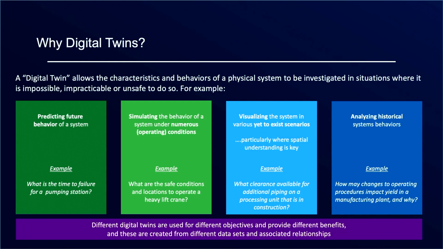So when we look at why we are using digital twins, it's because it allows us to look at the characteristics and behaviors of a physical system, and then look at the situation and maybe try to solve this within a safe environment, right?